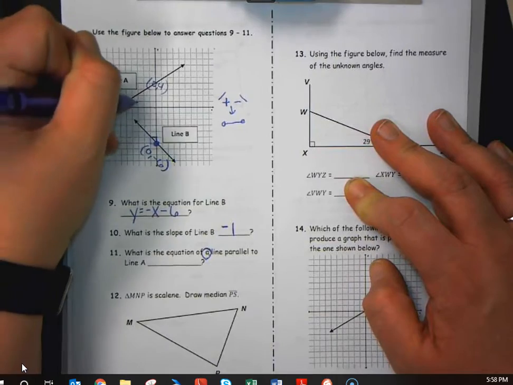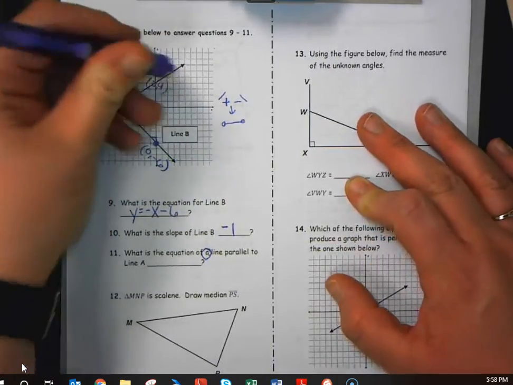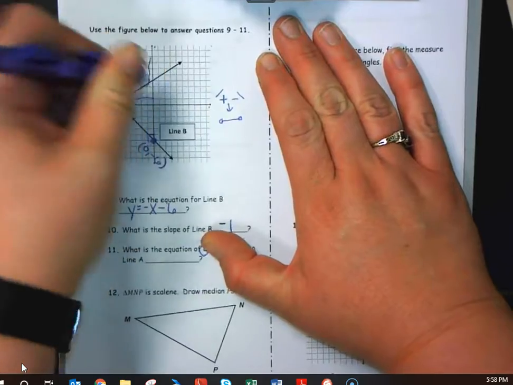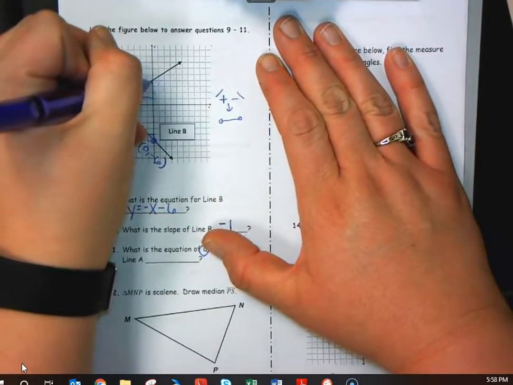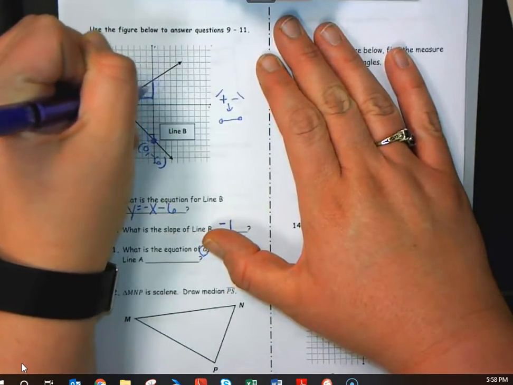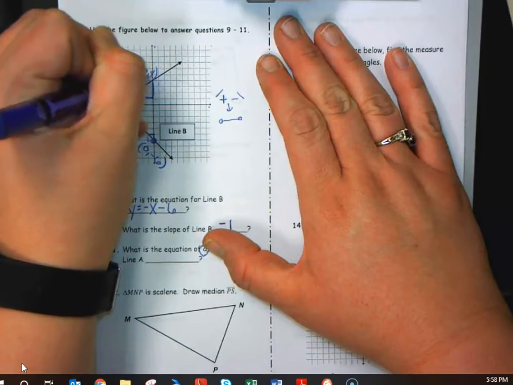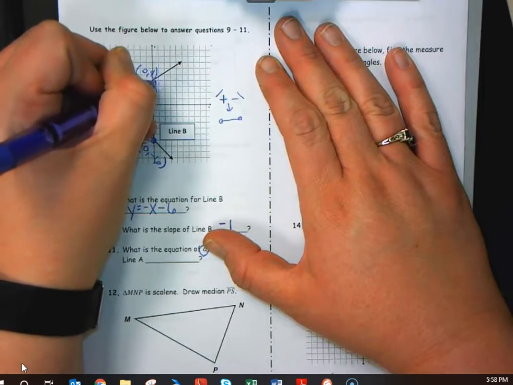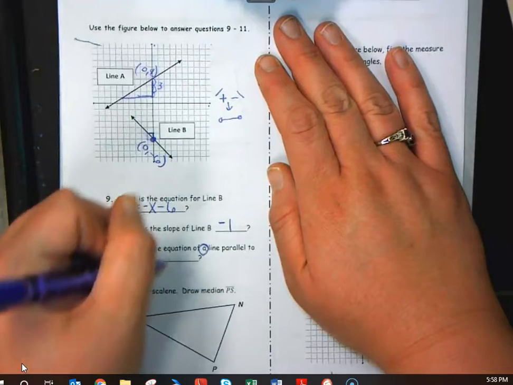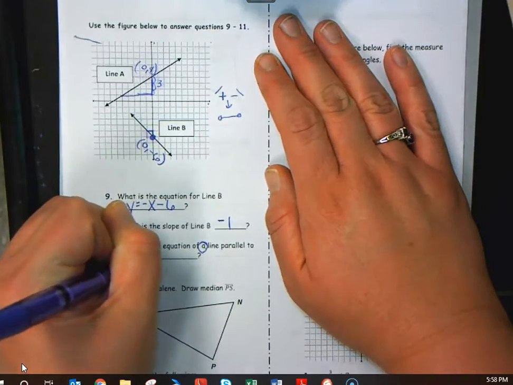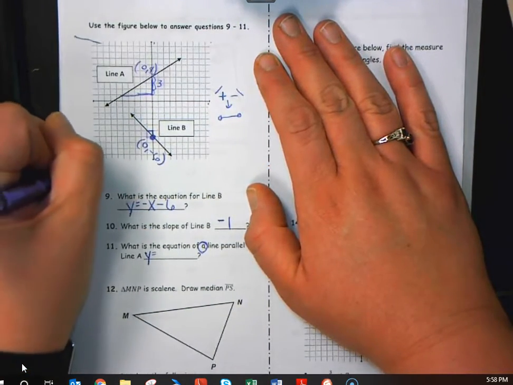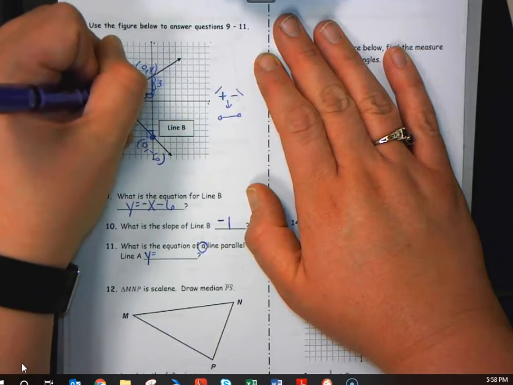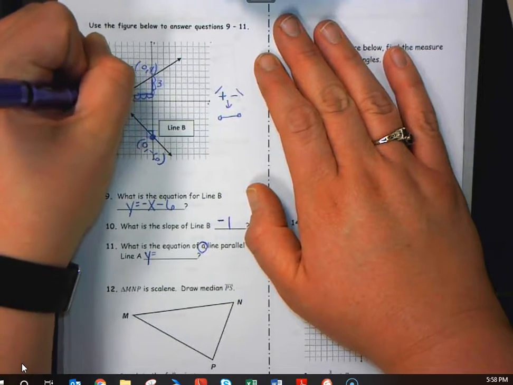let's go ahead and do that. So I'm going to go ahead and erase that point. Take just a minute. That's (0, 4). And we're going to go up 1, 2, 3. So that's up 3. So y equals, and we know we're looking for an m equals 3 over 1, 2, 3, 4, 5.